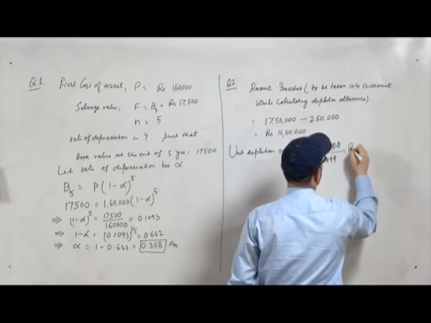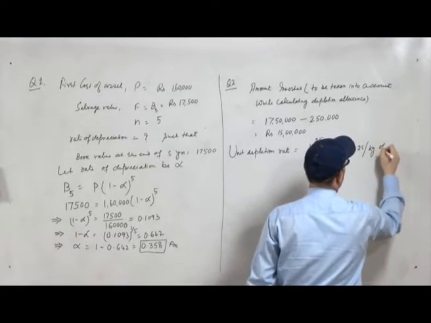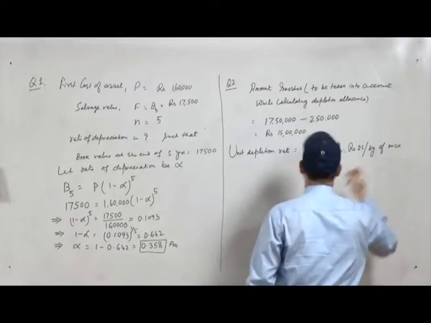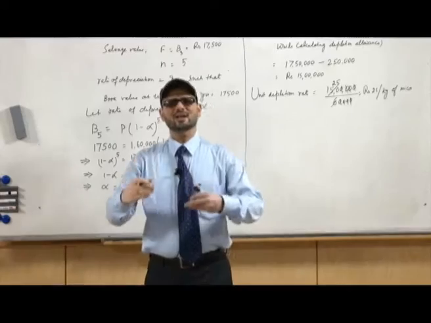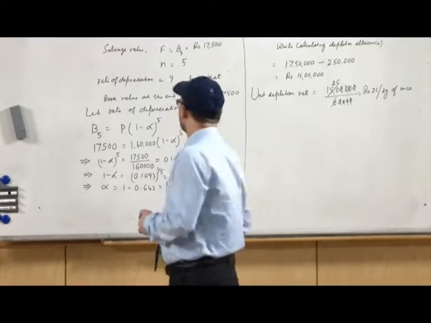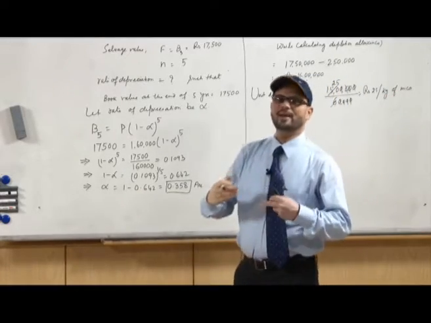So, it will be rupees 25 per kg of mica produced. This is the unit depletion allowance which the company can claim for every kg of mica it mines.